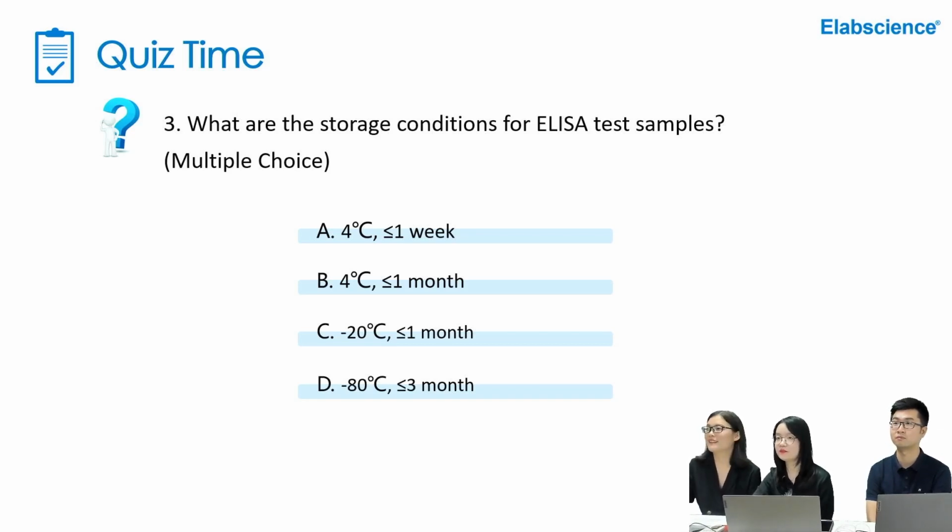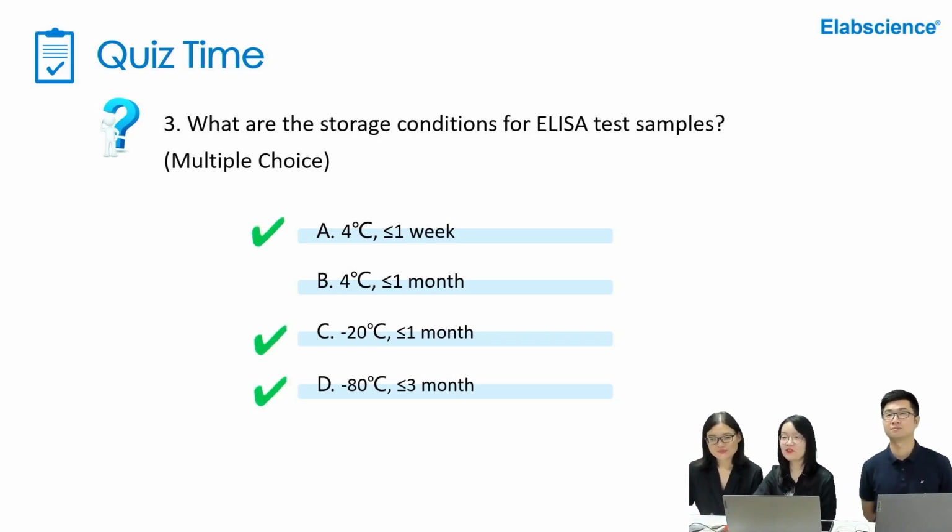A, C, D are correct. And the premise of a valid result is good sample quality, and therefore it's not recommended to store the samples at 2 to 8 degrees for more than 1 week.